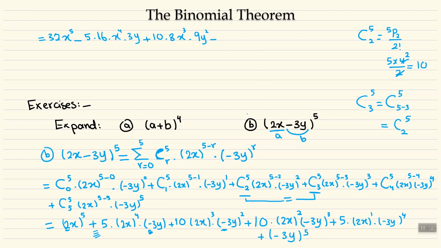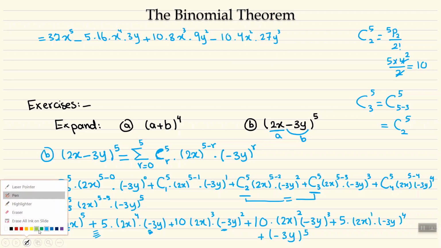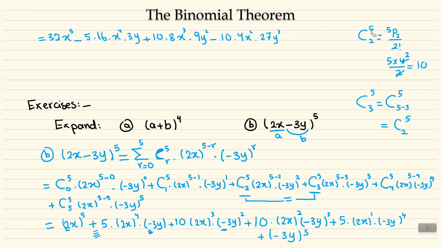Sorry if I said plus earlier. So it's minus 10 times 2 squared, which is 4x squared, times 3 cubed, which is 27y cubed. So this is going to be now the fourth term. So we still have 2 more terms to go. So the fifth term.